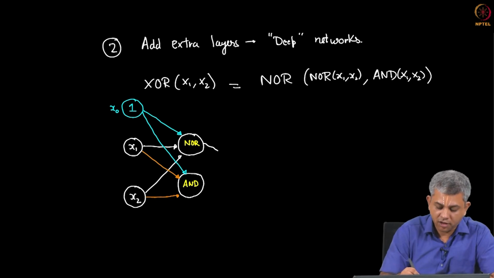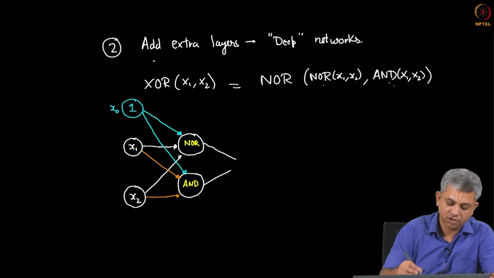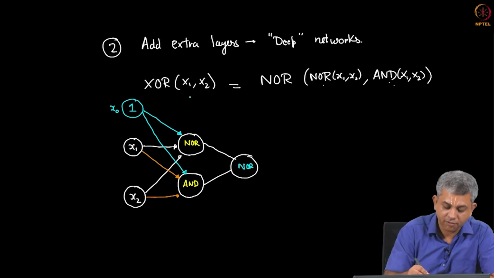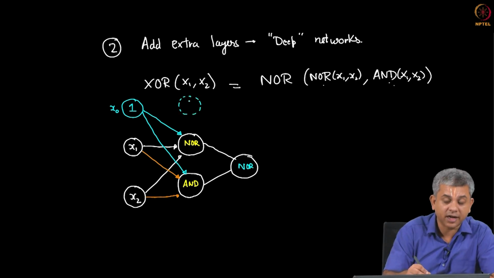Now, after these, the output of these NOR and AND goes to another NOR. So, you have yet another NOR gate which needs yet another bias unit.